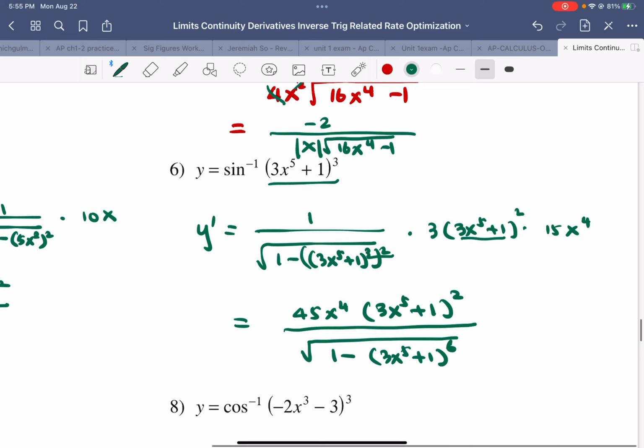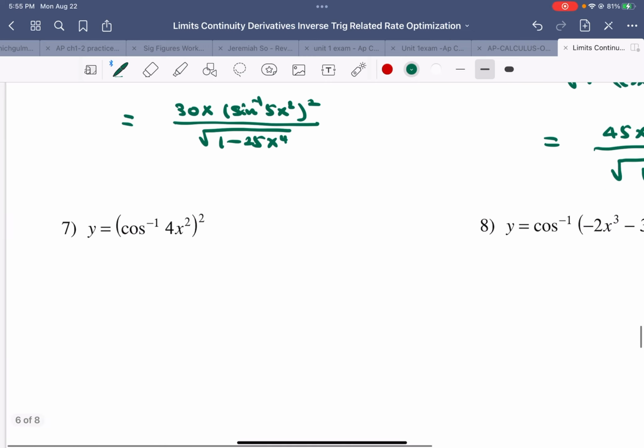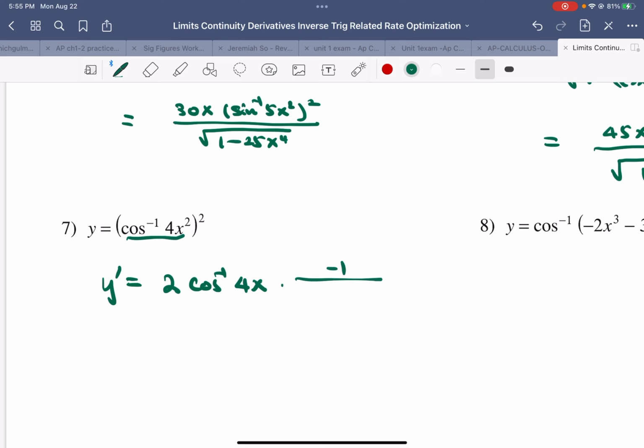Now, the next one is number 7. So when you take a derivative, power rule first: 2 inverse cosine 4x times. Now, the derivative of inverse cosine by chain rule is negative 1 over square root 1 minus 4x squared, times the chain rule: the derivative of 4x is 4.